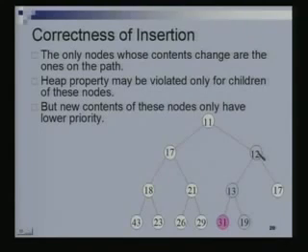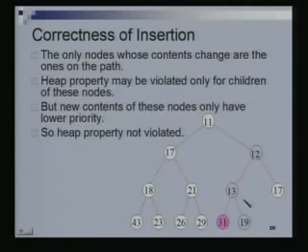So, priorities are only reducing, and if earlier this had a priority smaller than the priority of this node, it continues to have a smaller priority. If earlier this had a priority smaller than that of this node, it continues to have a smaller priority. So, the heap property is not violated at all, and what we get after insertion is still a heap.